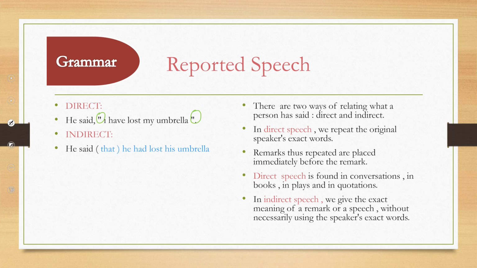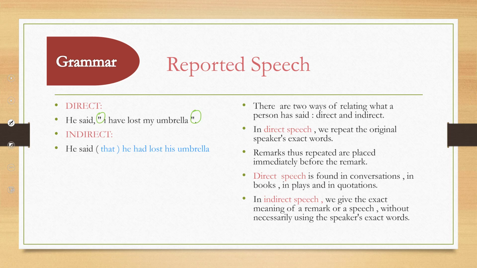We repeat the same words of the speakers. In the reported sentence, we have, he said that he had lost his umbrella. What are the changes that we have in this sentence? First, we don't have the inverted commas.